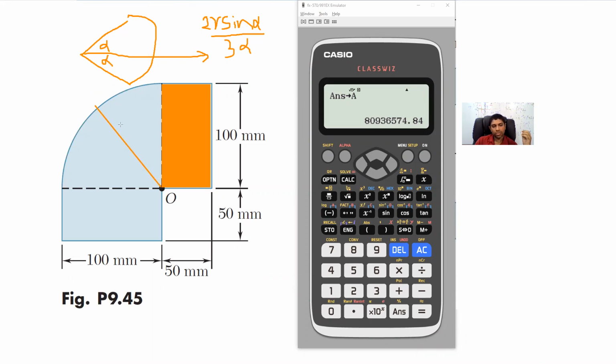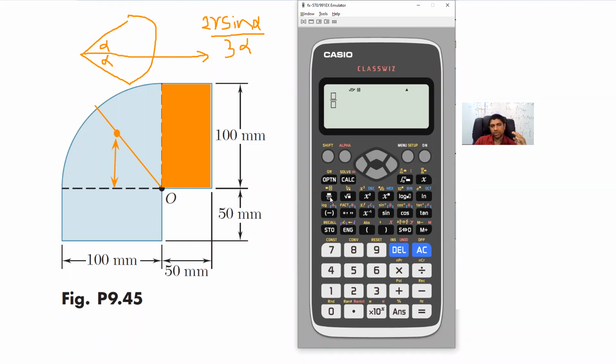Then if you multiply it by root 2, you can find x bar and y bar, because the equation gives the direct distance for the polar coordinate. Therefore you multiply this result by root 2, then you can find the value 4r over 3 pi.